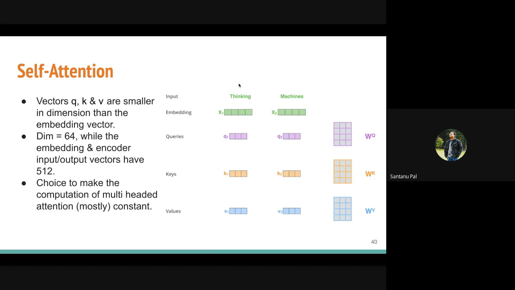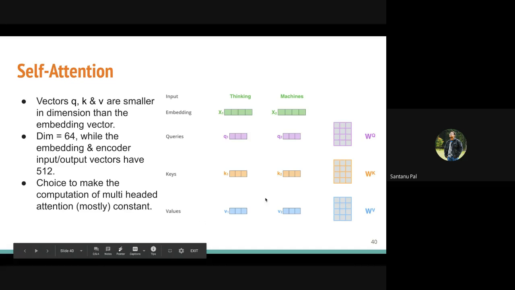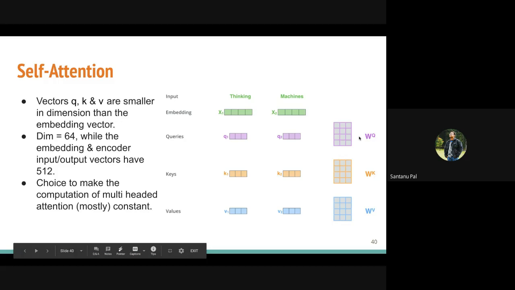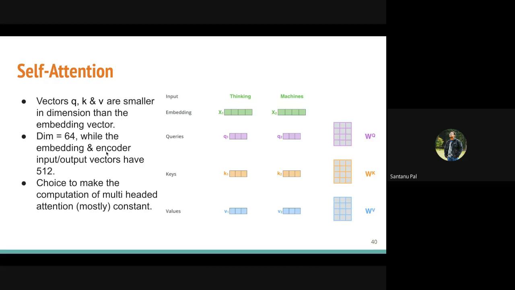Now the self-attention in detail. What I said is that this is like query, key, and value, and each of query, key, and value has some weight matrix, a two-dimensional matrix. In general, let's say the dimension is 64 for these, and the input and output vectors have 512 dimensions.